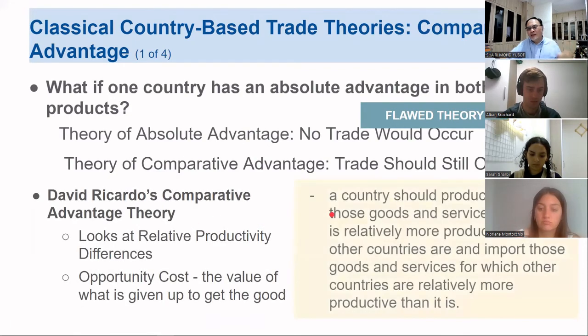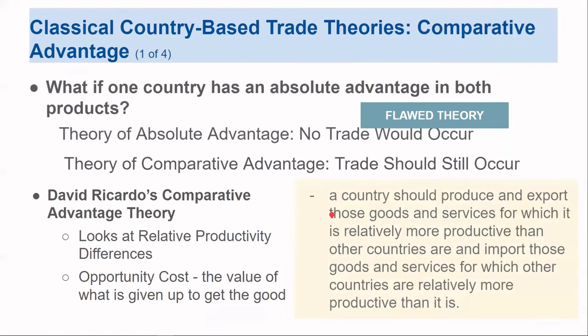It was developed by Ricardo, and it looks at relative productivity differences, and incorporates the concept of opportunity cost: the value of what is given up to get the good, in determining which good a country should produce.